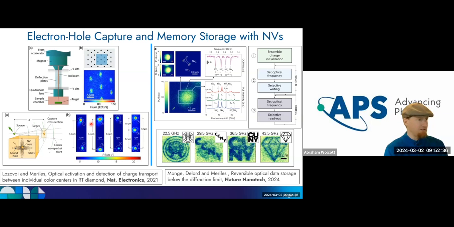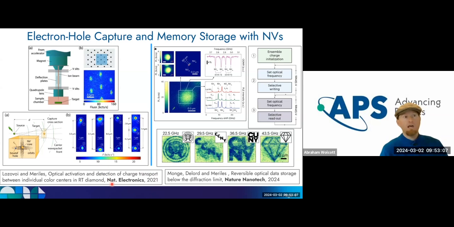In this particular case, it was found that both electrons and holes are readily transported through the diamond matrix and can be understood by photoionization processes. So basically, charges are being generated from NV minus into NV0 plus the generation of free electrons. The capture cross-section of both electrons and holes was found to be enormously high, and you can check that out in a paper published in 2021.